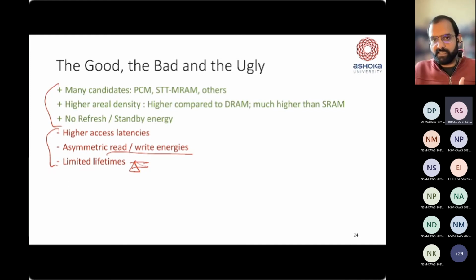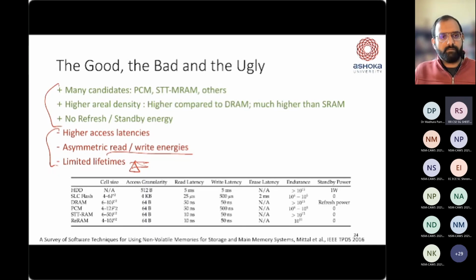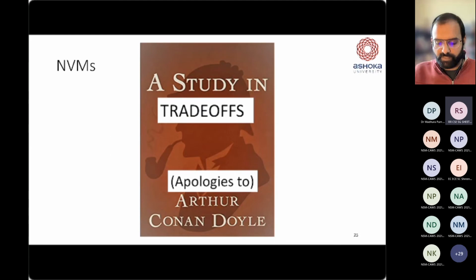To a certain extent, that cell cannot be flipped from crystalline to amorphous or the other way around. And from that point onwards, that cell has become useless for all practical purposes, right? And this is something that has to be considered when you are designing memories based on these non-volatile memory technologies, right?